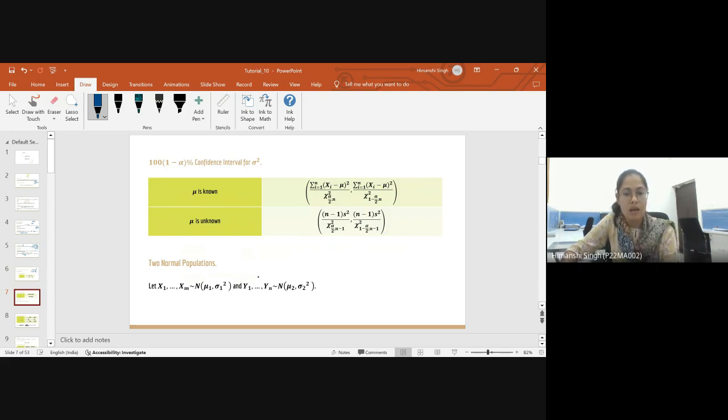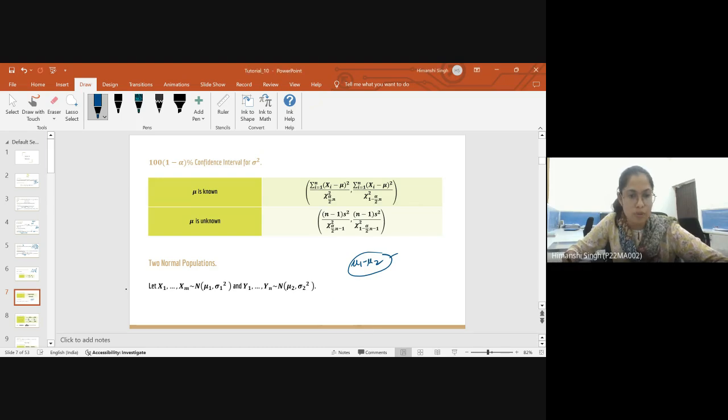Now, until here I have only one normal population. If I have two normal populations and I'm interested in finding the confidence interval for the difference of the means, let me consider that x1, x2, ..., xm are coming from normal mu1, sigma 1 square, and y1, y2, ..., yn are coming from normal mu2, sigma 2 square.